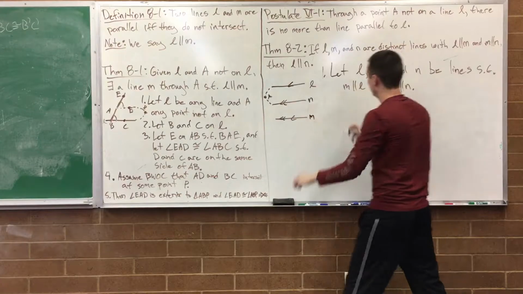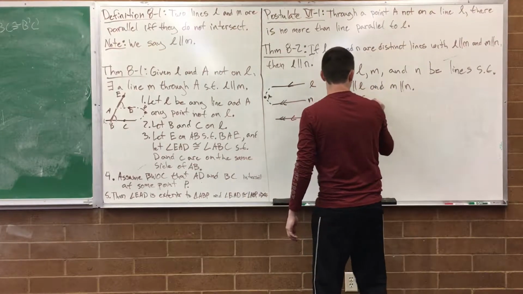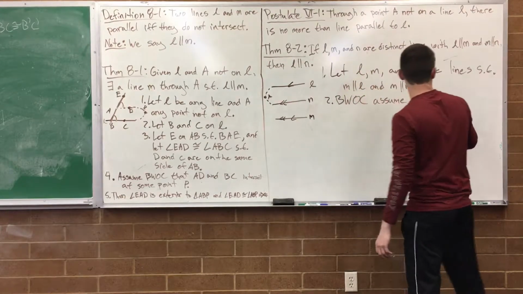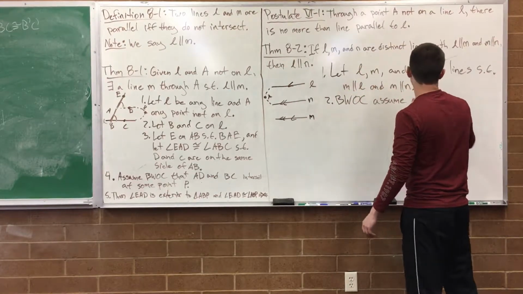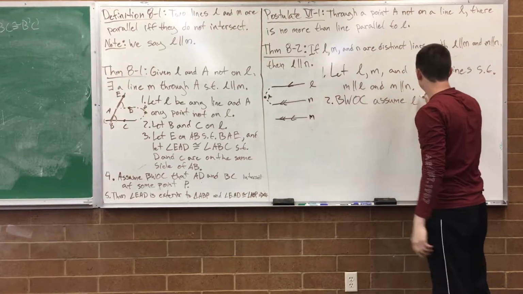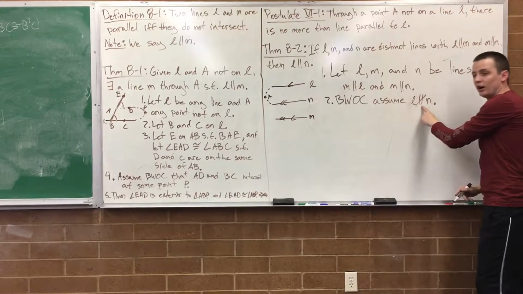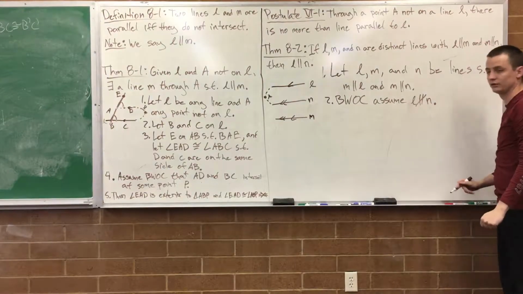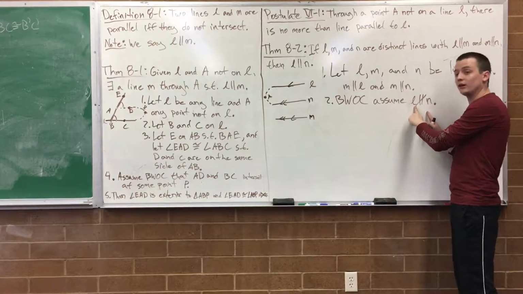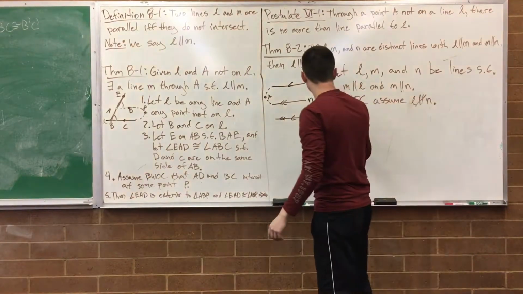Good? 2. By way of contradiction, assume, what are we trying to prove? Trying to prove L and N are parallel. Assume L is not parallel to N. That's how we say not parallel. We did the parallel symbol, just draw a line through it. Okay, if L is not parallel to N, what does that mean? They intersect.